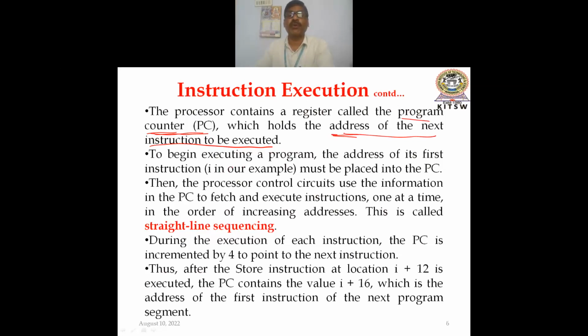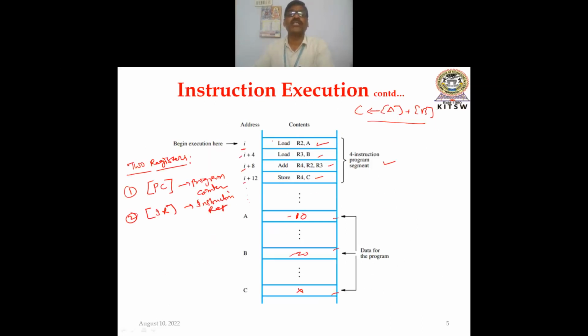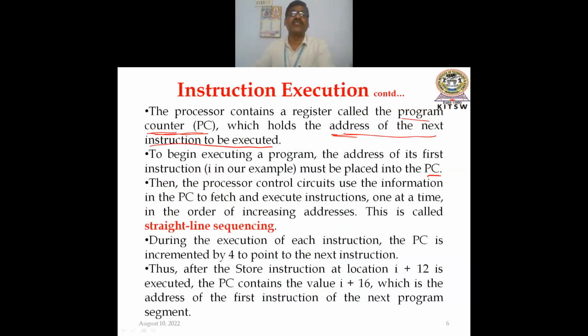To begin execution of a program, the PC must first be loaded with the address of the first instruction which has to be executed. The first instruction starts at address location I, so the program counter register must be loaded with the address value I. So to begin executing a program, the address of the first instruction must be placed in the program counter register.